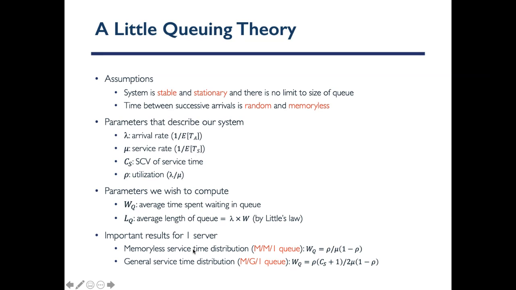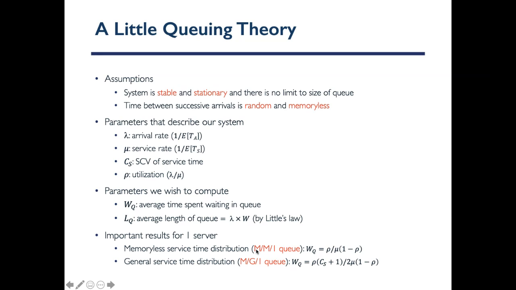For both of these two cases, I have assumed memory-less arrival time. That's basically the first M letter in both of them. Now, in the first one, I also assume that the service time is memory-less, and there is only one server. Memory-less arrival time, memory-less. This M is actually not memory-less, it's something else.